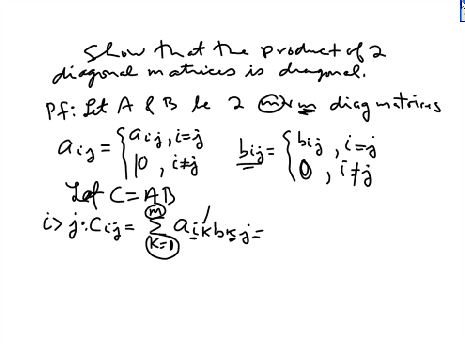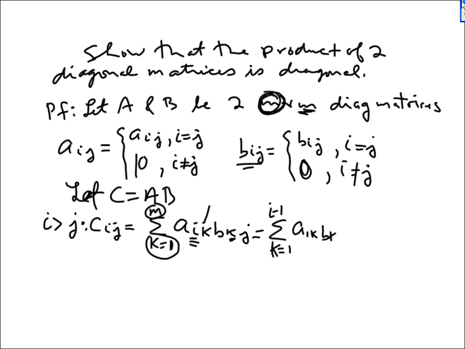If we're talking about row i, i can't be more than m. A has m rows. You have the first row, the second row, up to the mth row. One of those rows is i. So I can stop k right before i. I can just go up to i minus 1.